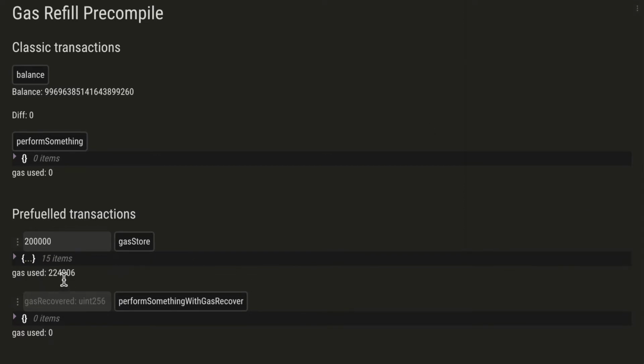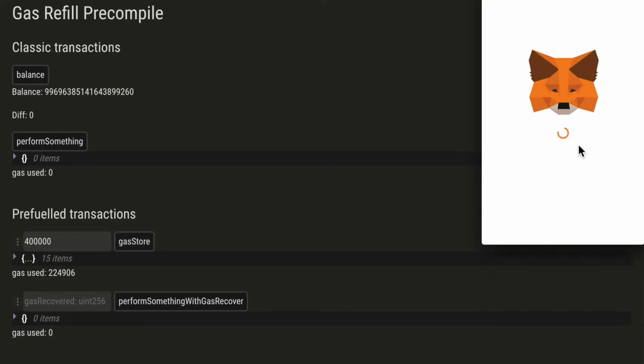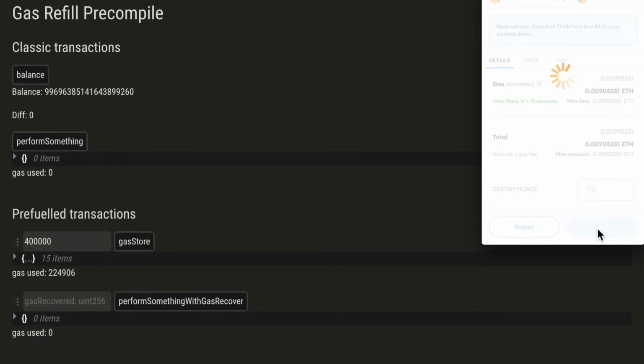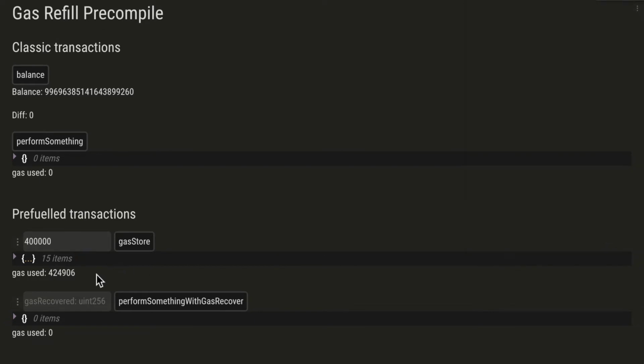And we can see the gas used is 200,000 plus the actual cost of performing the gas store transaction, which is 24,906. Let's store some more gas. 400,000. And now gas used is 400,000 plus the cost of the actual transaction.